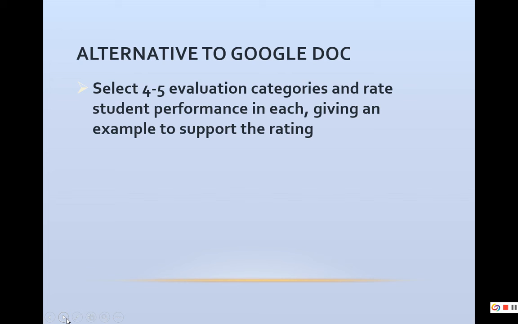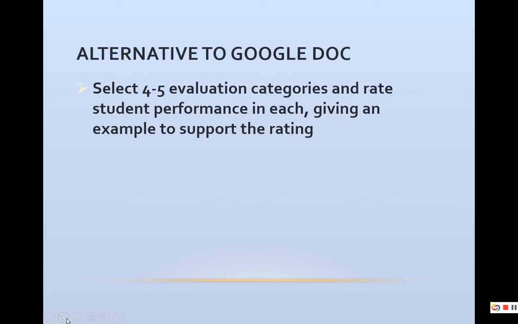What's important, not only with rating the performance, but what's even more important to that is giving an example to support the rating. If you gave them a 2, what did you expect to see that you didn't? What was the problem? What did they miss?